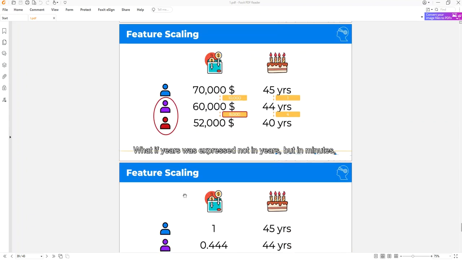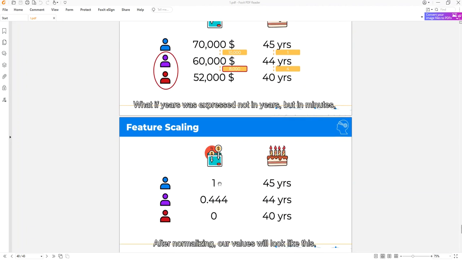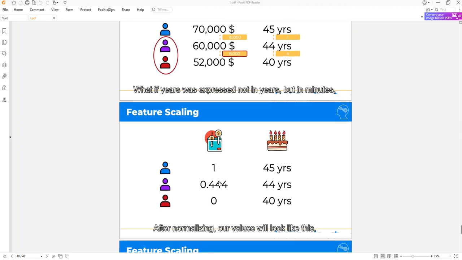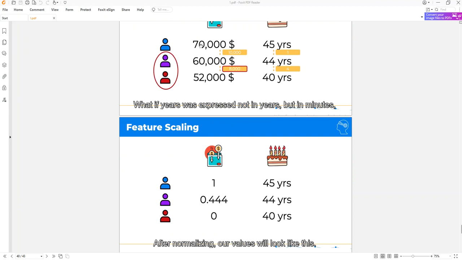So this is feature scaling using the normalization that we just discussed a while ago. We will normalize this data accordingly. And what is normalization? Whatever the value is, 70,000 minus the minimum value, which is 50,000, divided by the maximum value 70,000 minus the minimum value, which is 52,000 again.